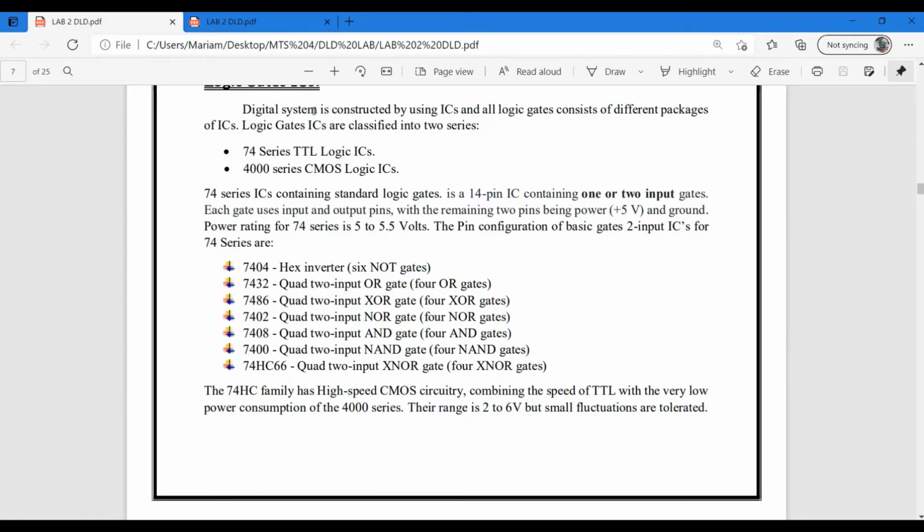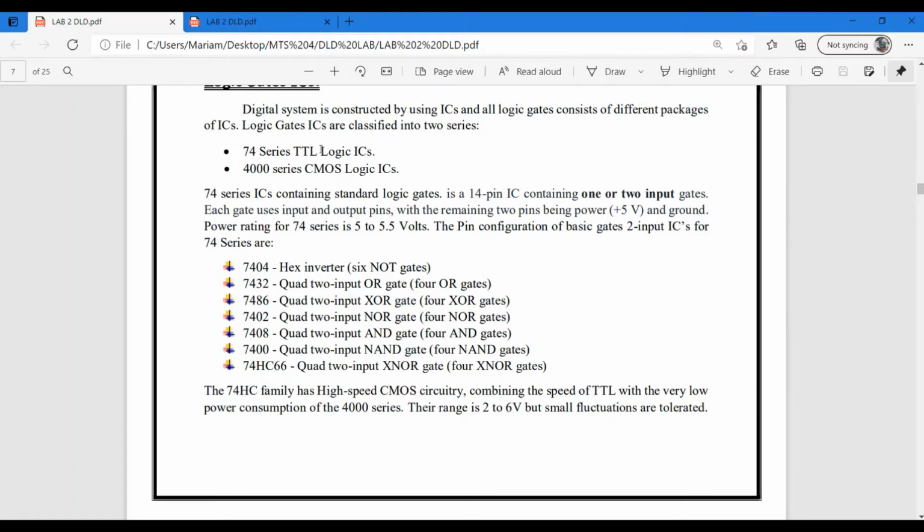Digital logic systems contain two types of logic ICs: TTL logic ICs and CMOS logic ICs. These are the standard commercial kinds of logic ICs.